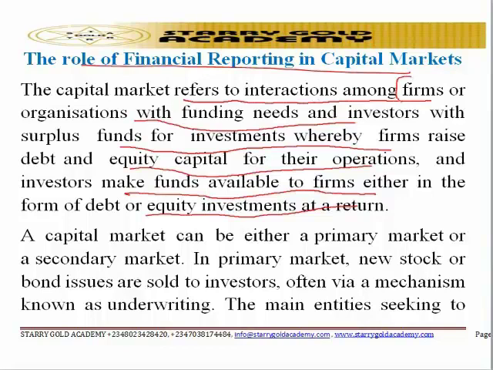Capital market refers to interactions among firms or organizations with funding needs. They are in need of funds to finance their activity. So it's interactions among firms or organizations with funding needs and investors with surplus funds.